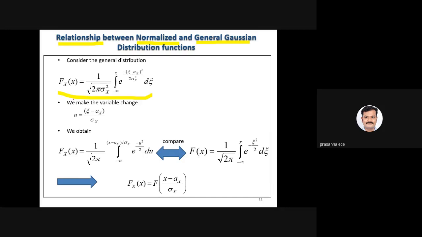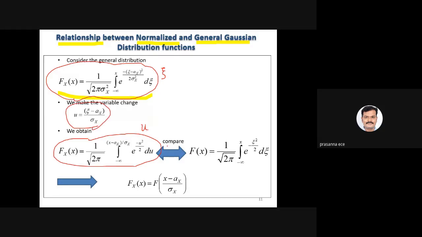This entire integral, which is in terms of zeta, we have replaced by a simple integral here, where the integration variable is u, and this occurs through the substitution.